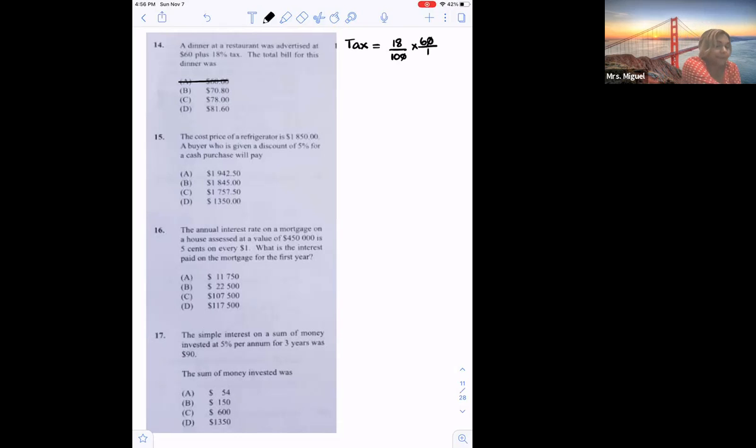So we can multiply 18 by 6, and we will get 108. And when we divide by 10, we will get $10.80. So the dinner will cost the cost of the food, which is $60 plus $10.80, which is $70.80. Did you all get that? Yes, ma'am.